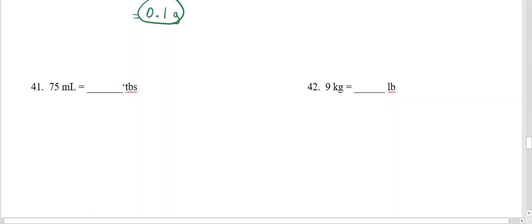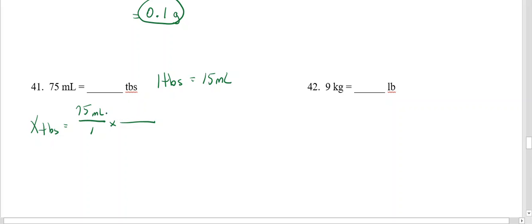I'm doing 75 milliliters to tablespoons. So I remember that 1 tablespoon equals 15 milliliters. So since I'm looking for tablespoons, and then I know my 75, it starts out 75 milliliters over 1 times my conversion.